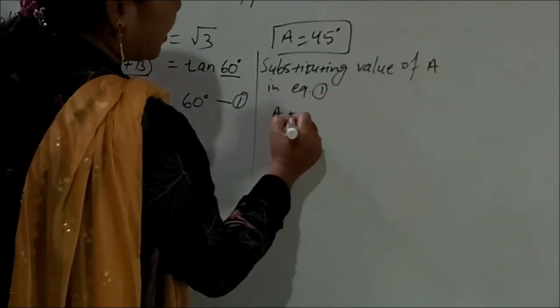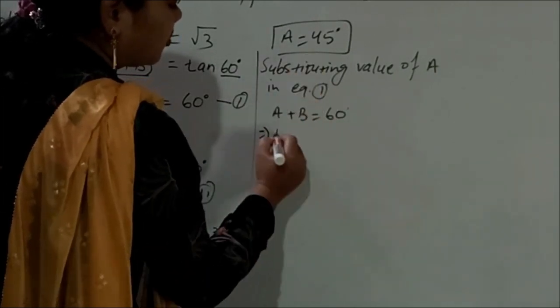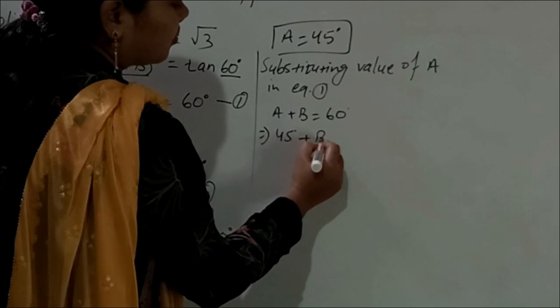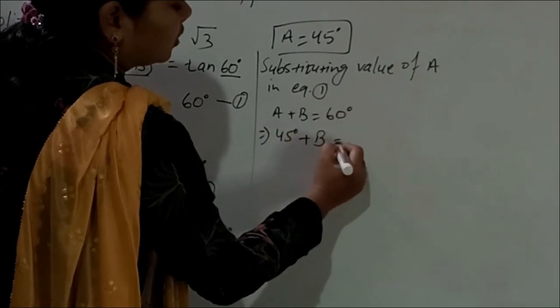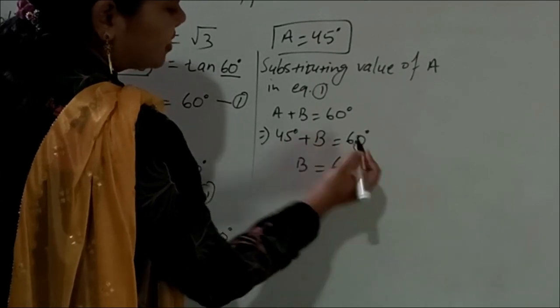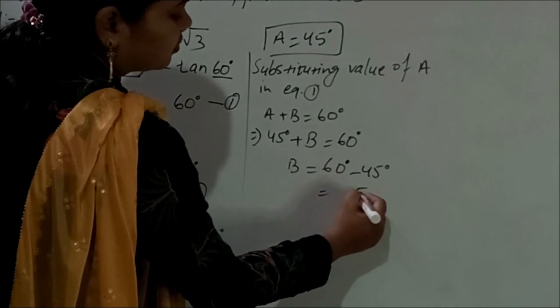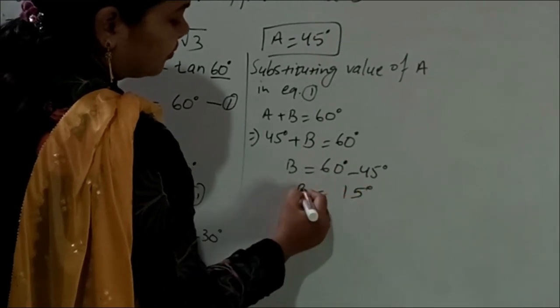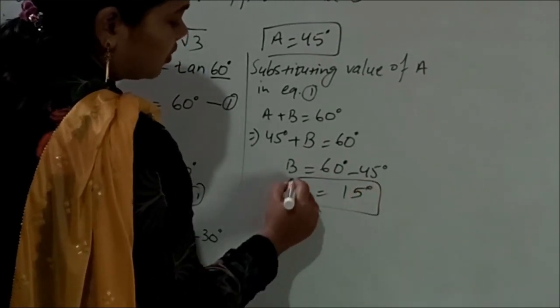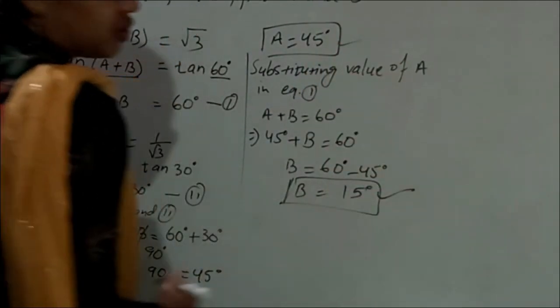What is equation 1? a plus b equal to 60 degree. a is equal to 45, plus b equal to 60. b is equal to, here plus, that side minus, 60 minus 45, 15 degree. So b equal to 15. So a equal to 45 and b is equal to 15.